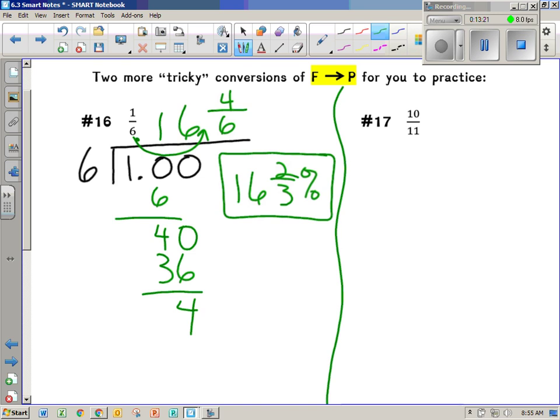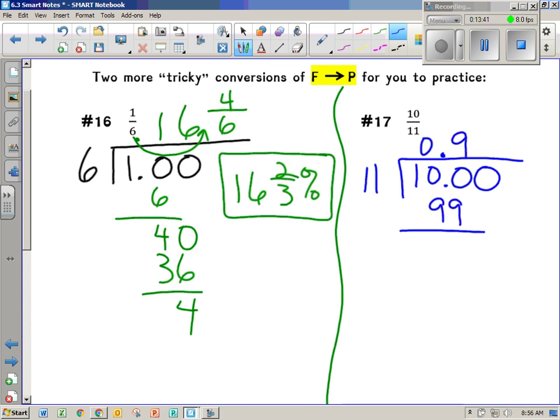So let's try one more. So 10 divided by 11. Put your decimal 2 places, so 2 zeros, and start dividing. 11 doesn't go into 10. 11 into 100. It's going to go, what, 9 times. That's 99. 100 minus 99 is 1.